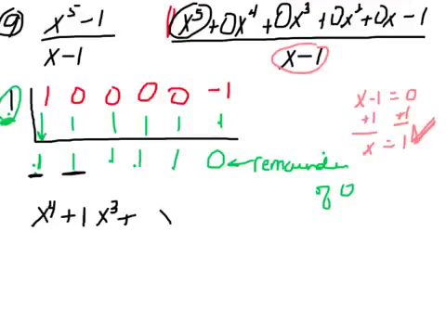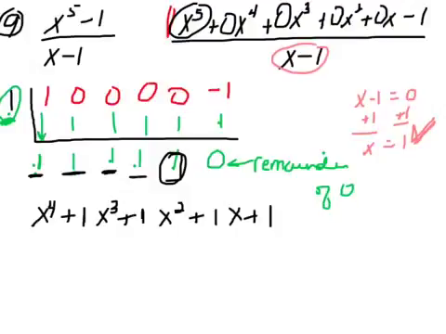The next exponent down would be x squared, and its coefficient would be this 1. If you go down from an x squared, you just get an x to the 1st, which we just write as x, and that's its coefficient, 1. And then the constant term always comes last. My constant term here is the one I just circled. And since it went in evenly, I don't have any remainder. I don't have any fractional part left.